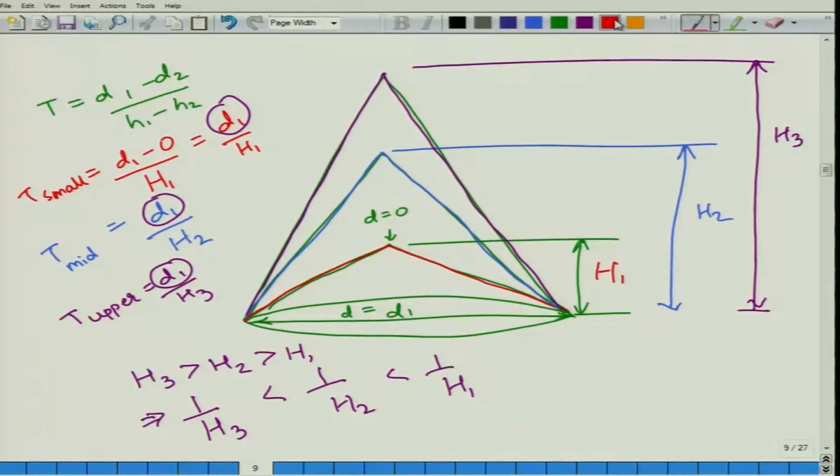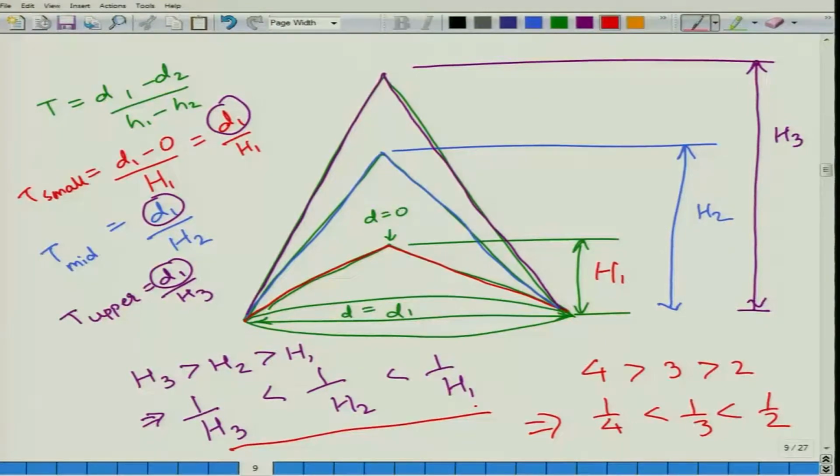So, to look at it intuitively, for instance, if we have 4 is greater than 3 is greater than 2, so we can say that 1 by 4 is less than 1 by 3 is less than 1 by 2. Similarly, in this case we have 1 by h3 is less than 1 by h2 is less than 1 by h1.